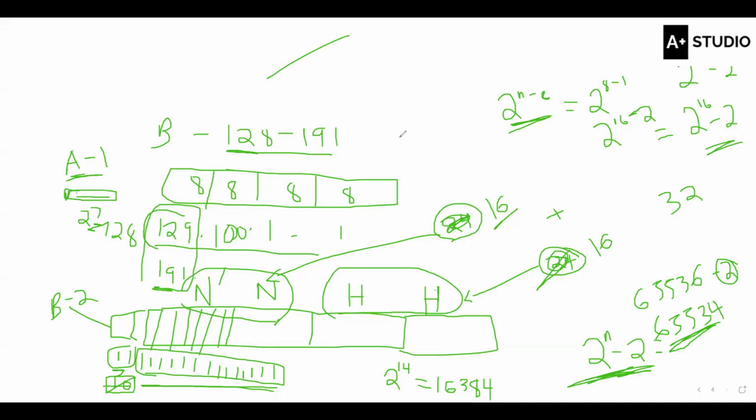The rest are all the same; we don't take any of them out. I hope it's clear. So always mind that it is only the Class A IP address where the 127 is taken out.